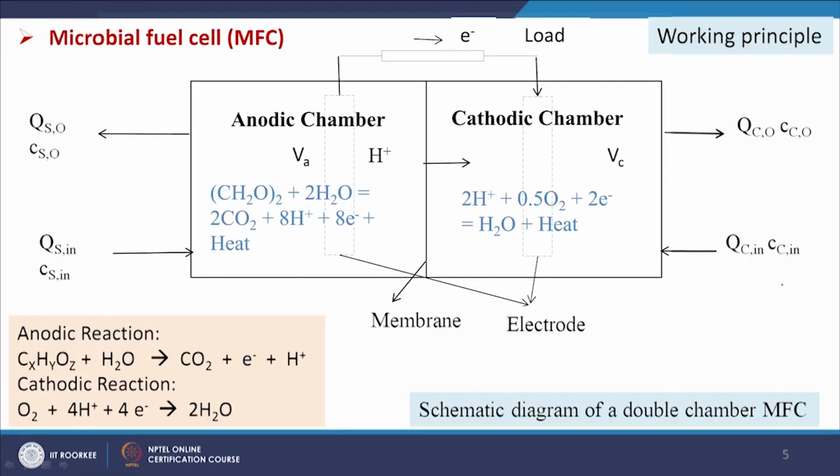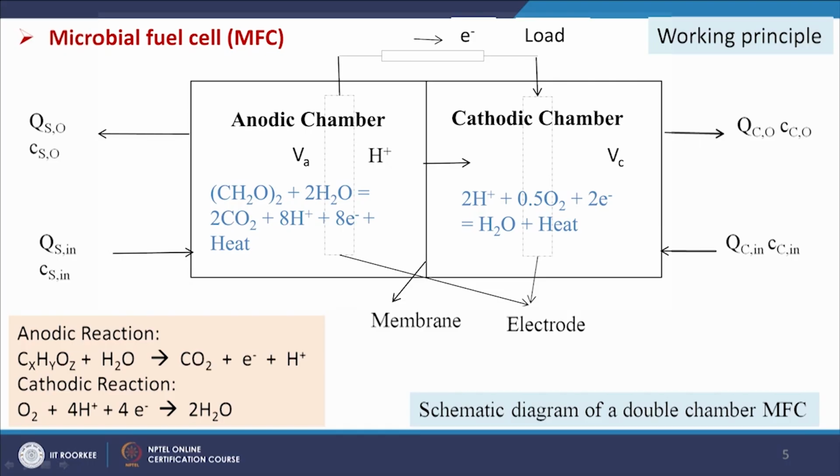This diagram shows the working of the microbial fuel cell. Here the organic containing wastewater enters the cell containing two electrodes, anode and cathode, and these two chambers are connected with a membrane.